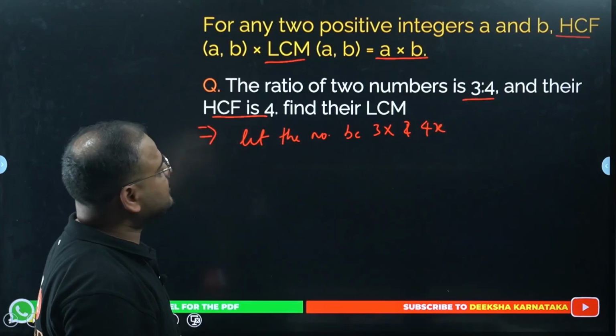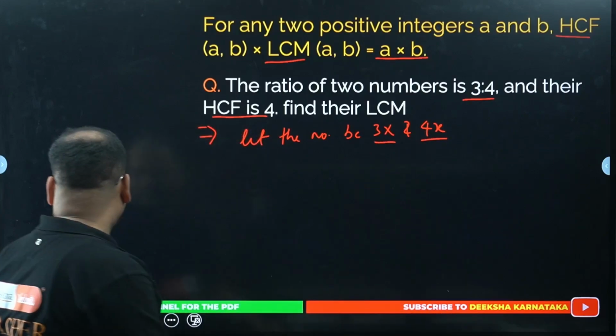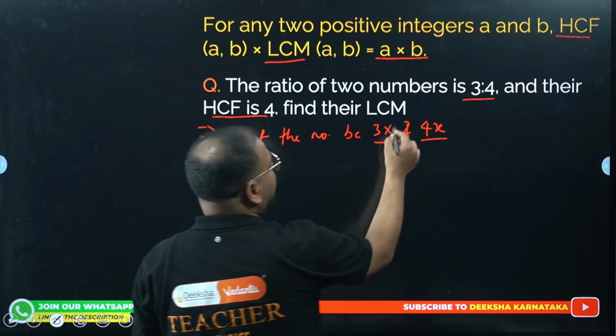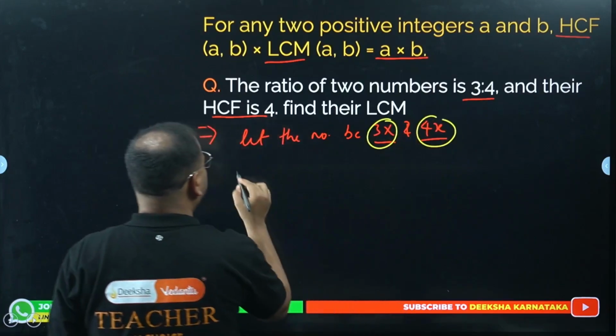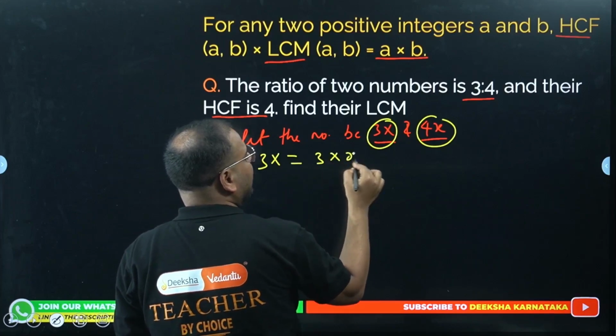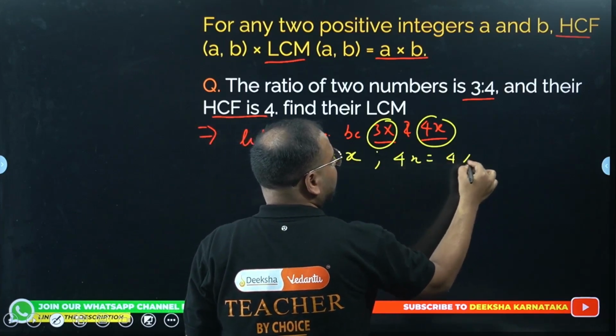What is given? HCF is 4. Now we know the numbers are 3x and 4x. Can we find the HCF? 3x is 3 into x, 4x is 4 into x.